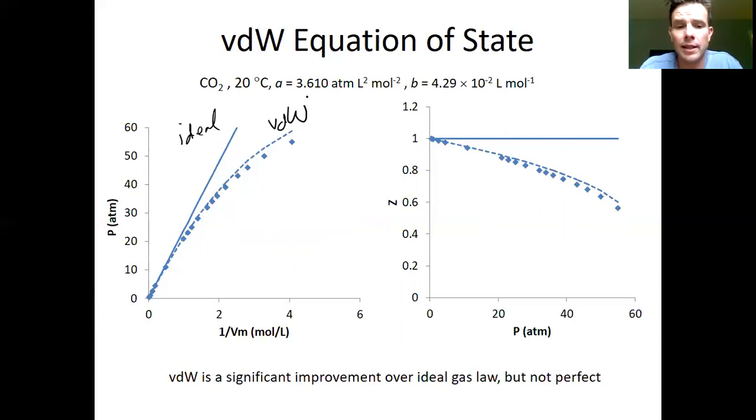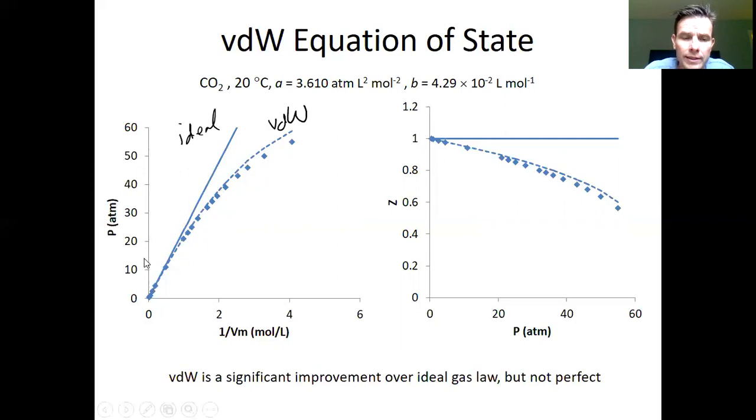And what you can see is that the van der Waals is a significant improvement over the ideal gas law model at predicting real gas behavior. So it's getting much closer to the experimental values, although it's not perfect.